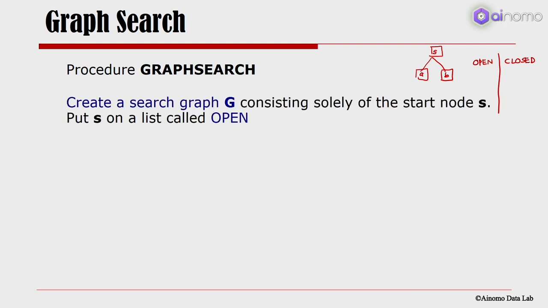So we create a list called open and we put S in the open list, consisting solely of the start node, and then we pick up S for expansion.